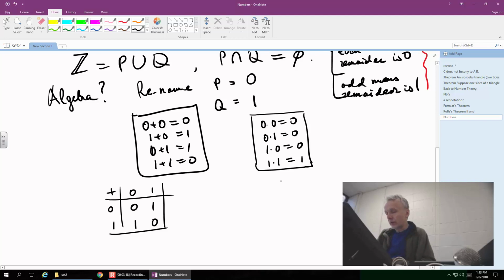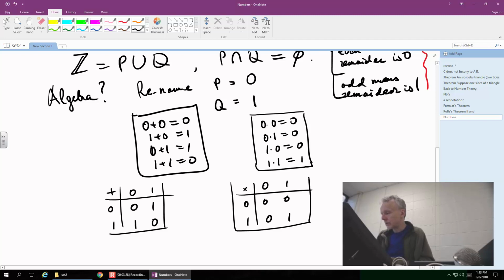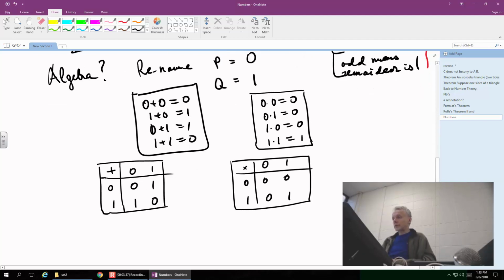Okay, so this is the addition table, and then I have the multiplication table, which is different, as you'd expect, right? 0, 0, 1. Okay, so these are special kinds of numbers with a whole set behind them.